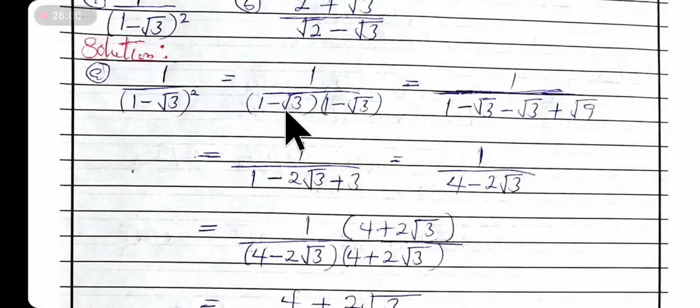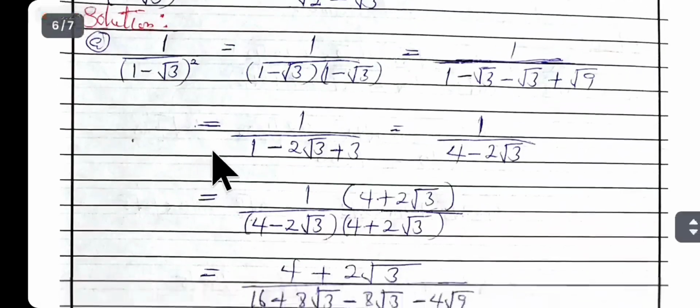Then, 1 times 1 is 1. 1 times minus root 3 is minus root 3. Then minus root 3 times 1 is minus root 3. Then minus root 3 times minus root 3, it will be plus root 9, because minus times minus is plus.